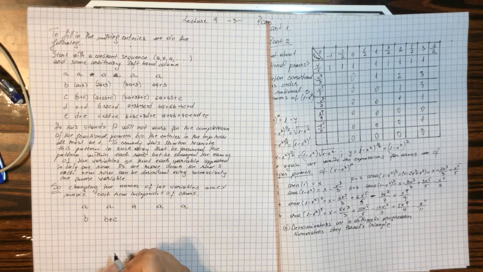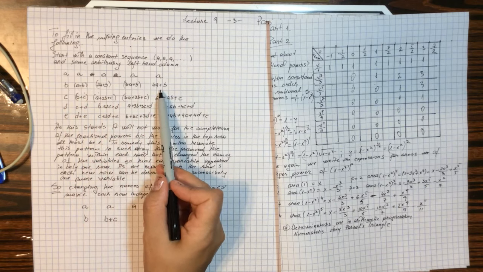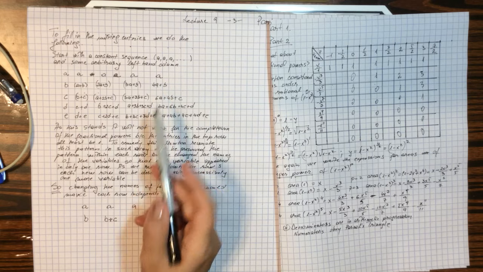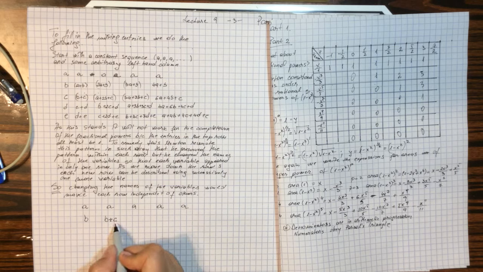Let me call it C. As you can see in the second row, everything is in terms of A and B, which means that here everything will be in terms of B and C. So I introduce for this row the new variable C.